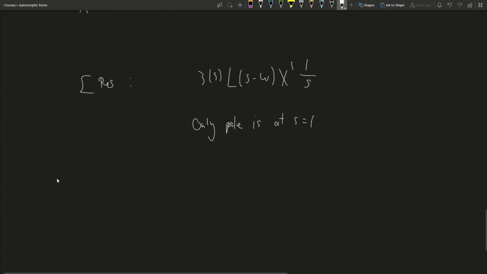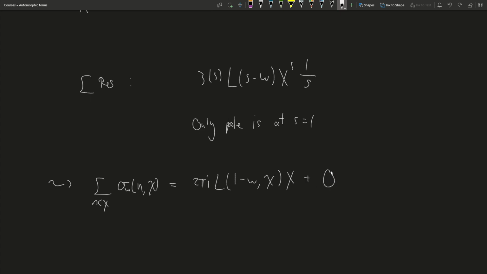So what you end up getting is that the sum n less than x of sigma sub w n chi is equal to 2 pi I, and now the residue of this pole is 1, so we have this coefficient of L of 1 minus w chi times x, and then our error term is O of x to the 1 plus the real part of w minus 1 plus 2 times real part of w over 3 plus real part of w.